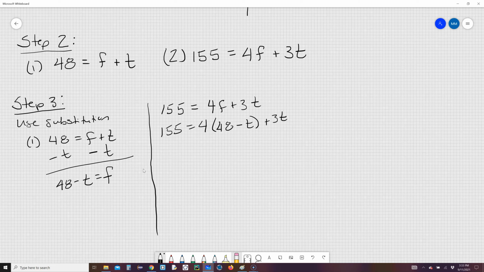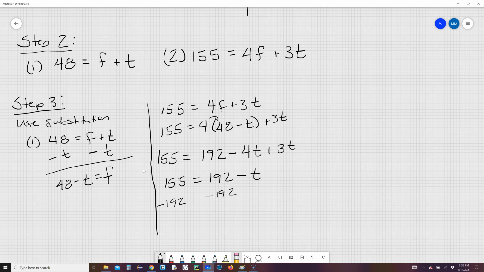Carry out the distribution. 155 here. 192. 4 times 48 is 192. Subtract 4t plus 3t. Minus 4t plus 3t leaves me with a negative t. I can subtract 192 from both sides.